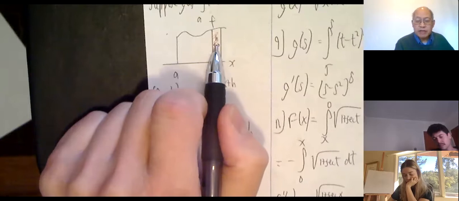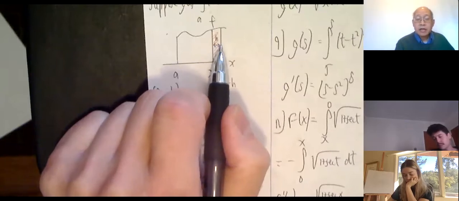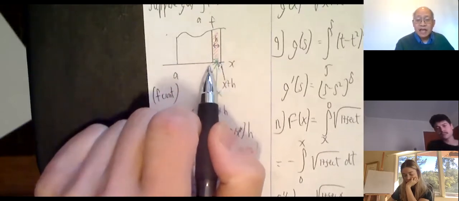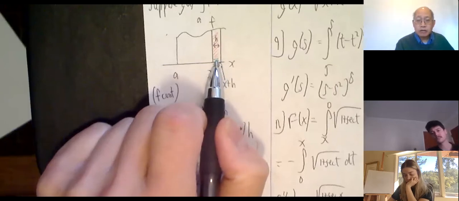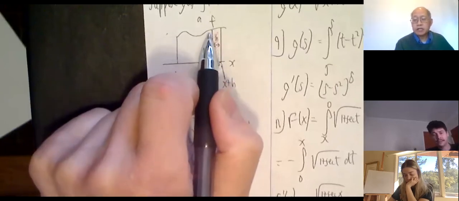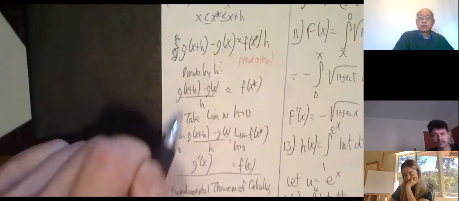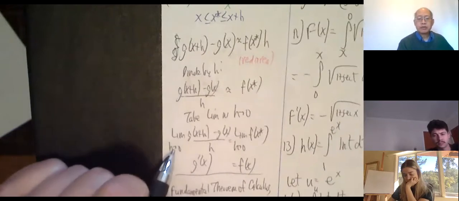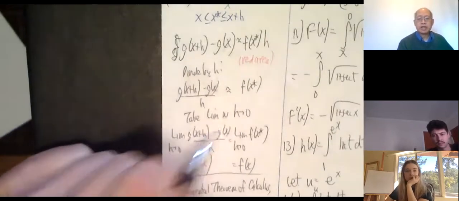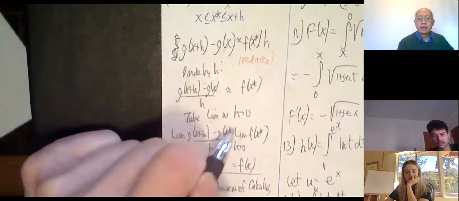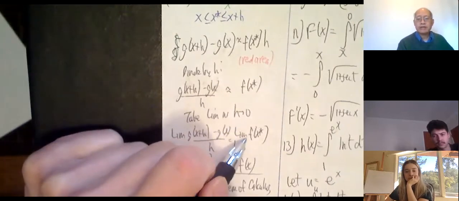These two get really, really tight in. If x and x plus h get real close together, for continuous functions, this looks more and more and more like a real rectangle. So we take the limit as h approaches 0 of g of x plus h minus g of x all over h, equals the limit as h approaches 0 of f of x star.